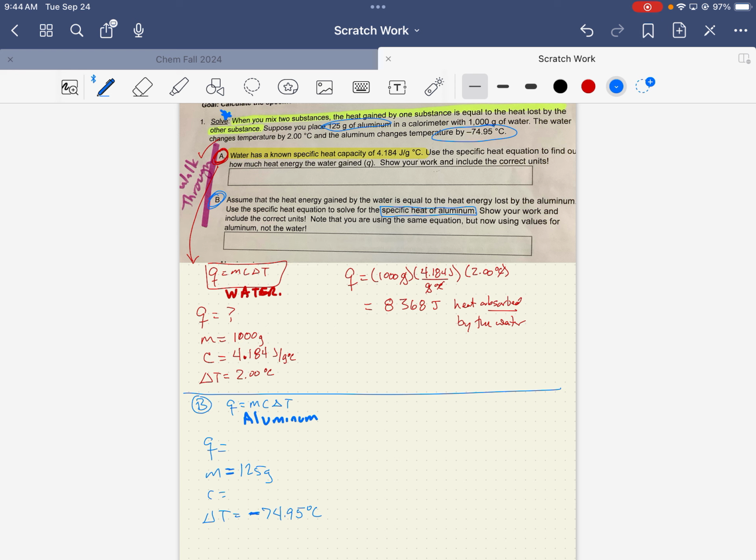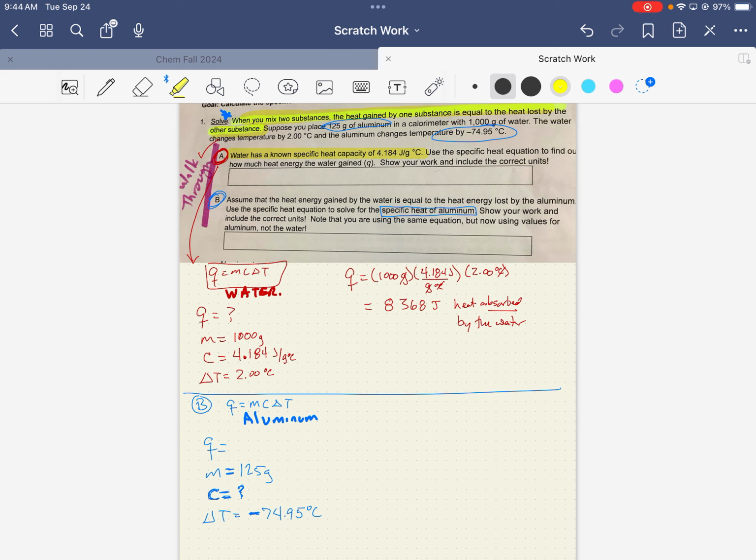The specific heat is what I'm looking for, and this is where students often get confused in this question. We're looking for the specific heat. We're not looking for the heat. So the problem is we need to know what the heat is. Well, that's where the highlighted words come into play.